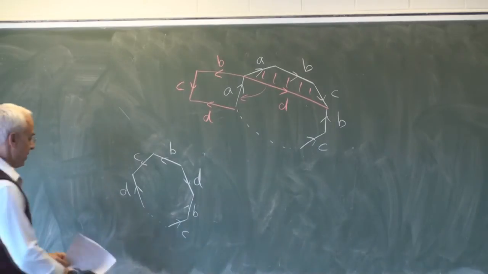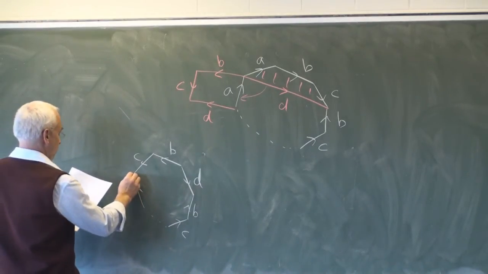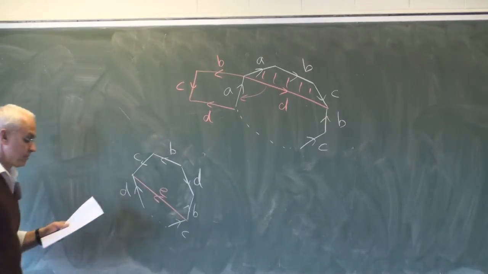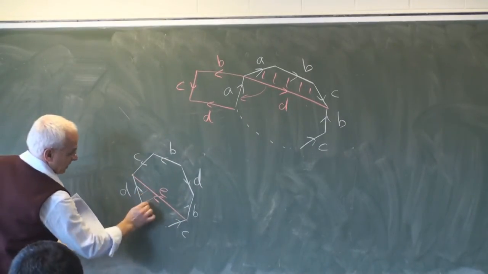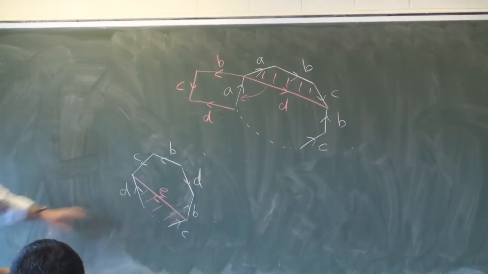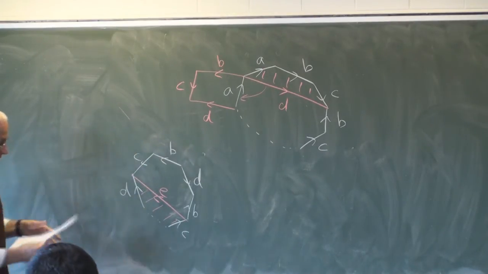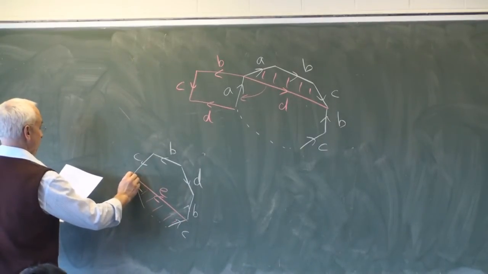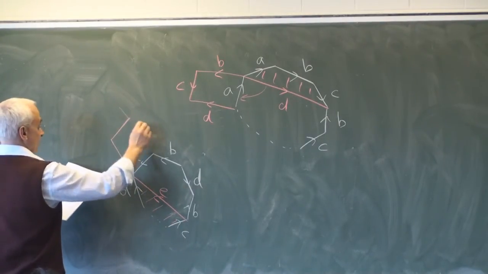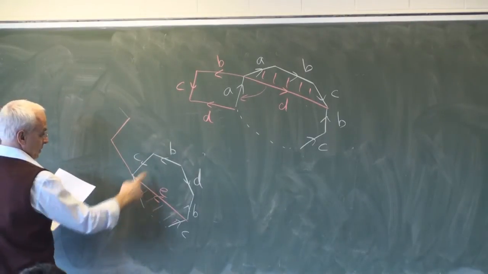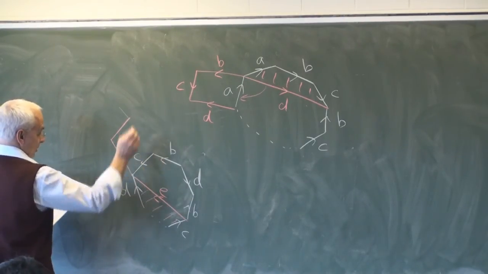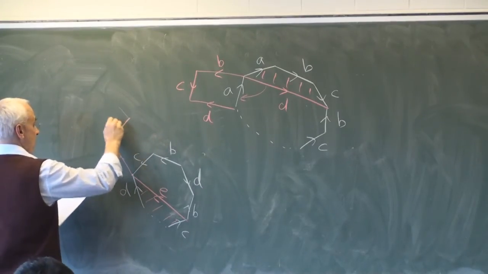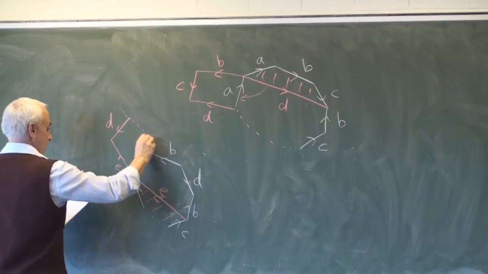Okay, now we make another cut. The cut we make now is from here to here, and let's call that E. And then we're going to move this piece over to this side so that it joins the C edge there. And so we can write E, D, and that'll be C, and then E, and then D, and then the other stuff.